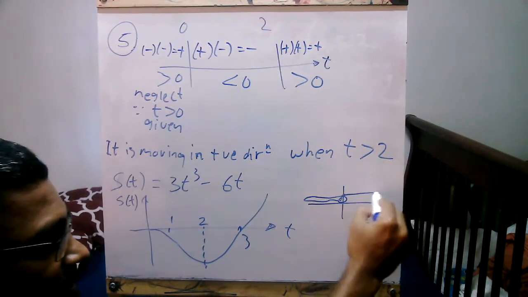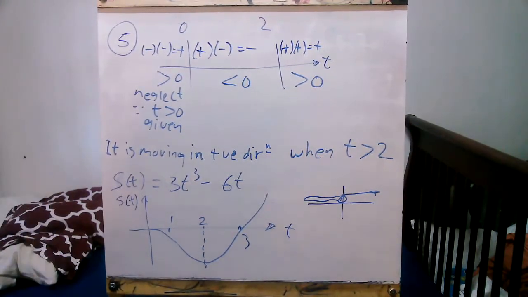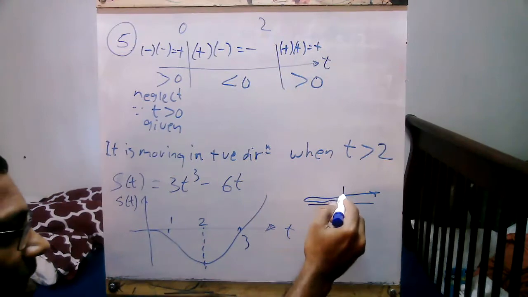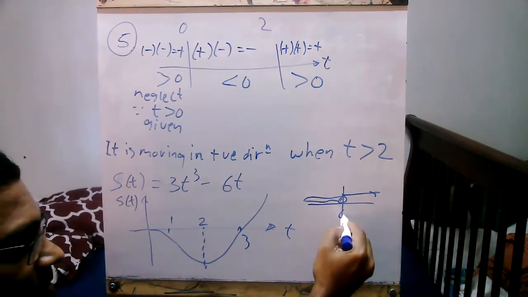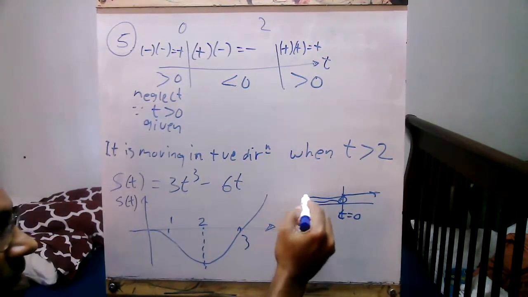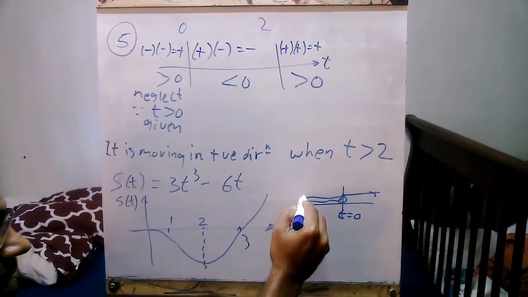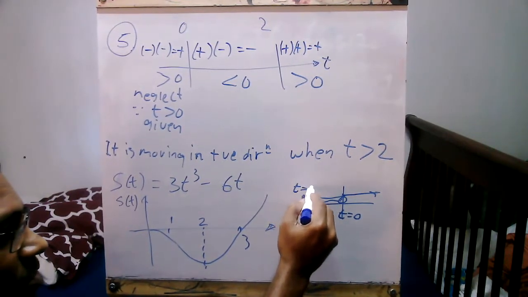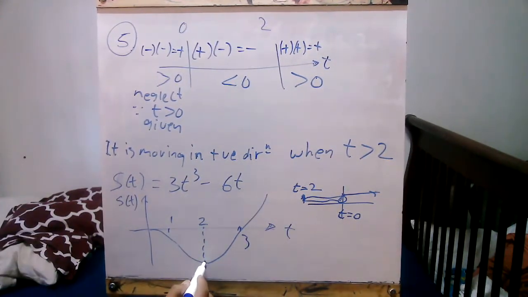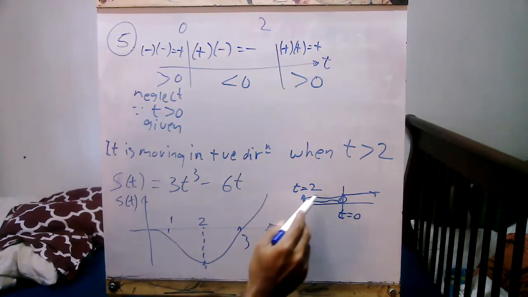After that, it keeps going this way, right? Now, when t equals 0 it goes there and turns back at this place, which is when t equals 2. When t equals 2, it has a positive velocity. That's why it's coming in this direction.